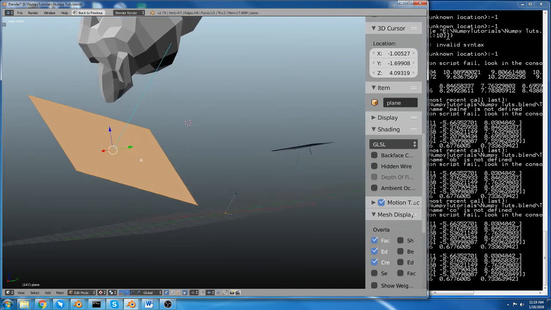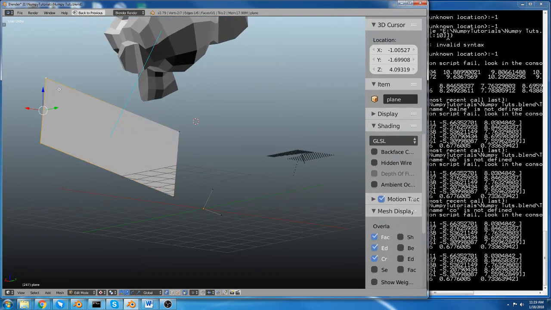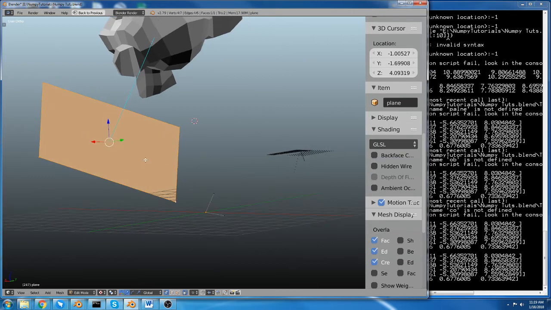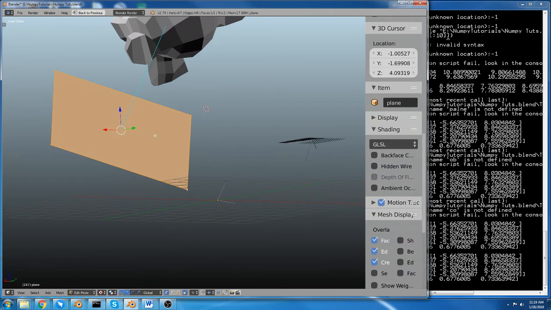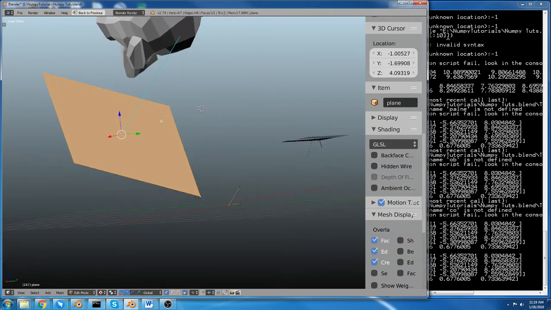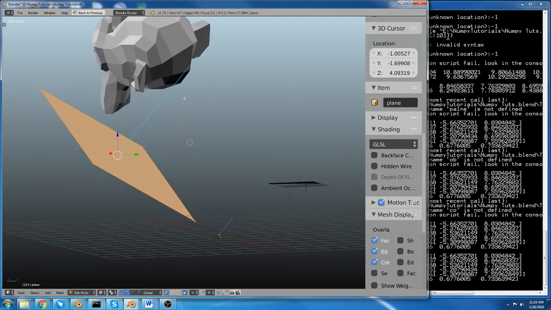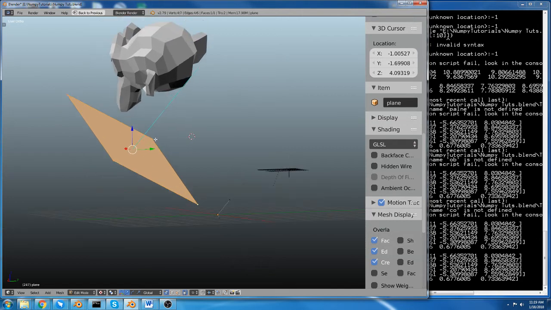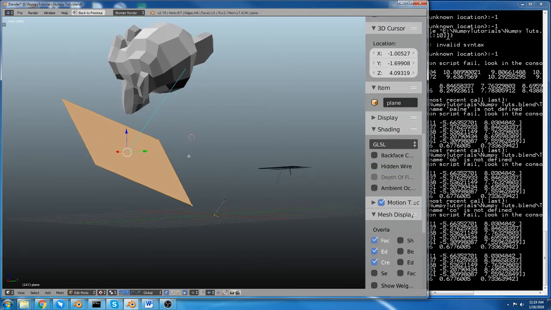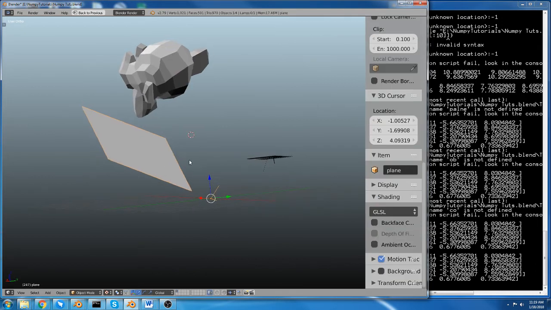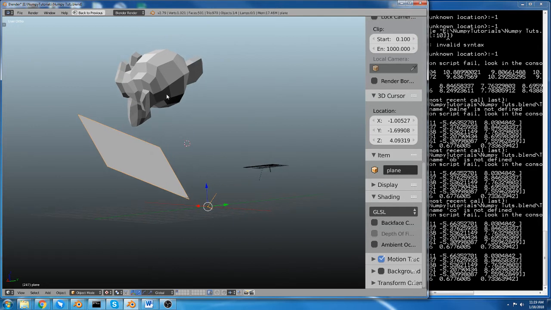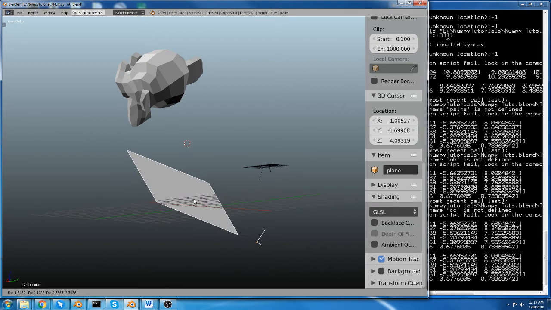What I believe they're doing out here is taking the mean location of all of these guys, which you can see where the cursor would appear at the average location, and they're using that average location as a place to draw this blue line, this normal, so that you can see where it is relative to your planes, just so that it makes sense. This is just a visual aid. But what you're getting with the normal is the normal without the origin. Well, that's a problem because our plane is not at 0, 0, 0.